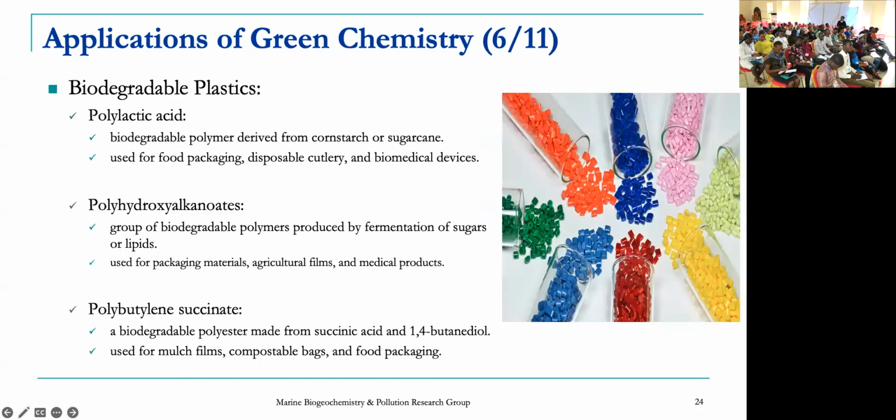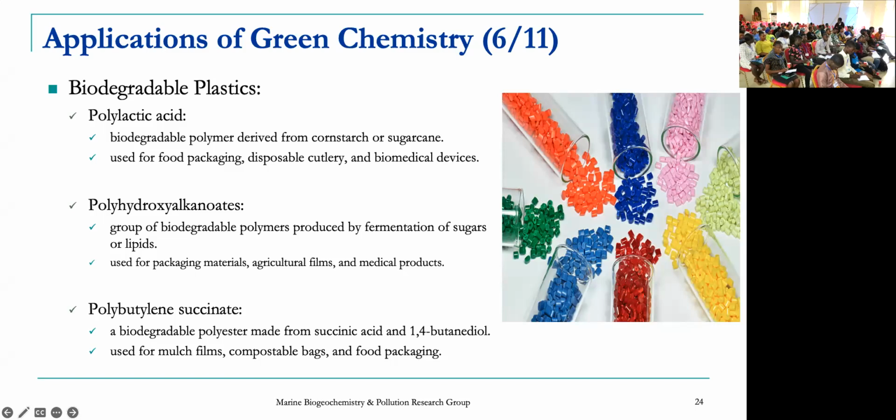Other applications of green chemistry include the development of biodegradable plastics or bioplastics. By the application of green chemistry principles and sustainable engineering practices, researchers can successfully synthesize bioplastics that can break down into harmless substances, thereby reducing pollution.